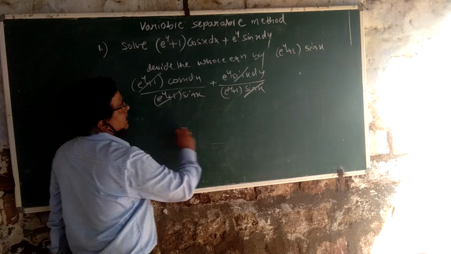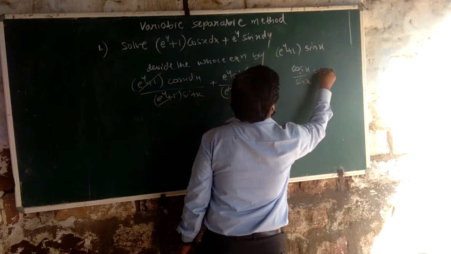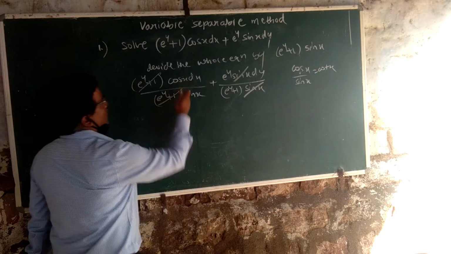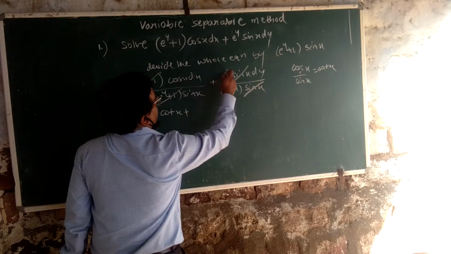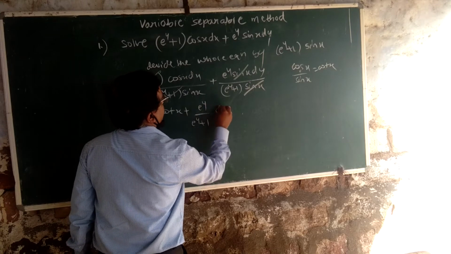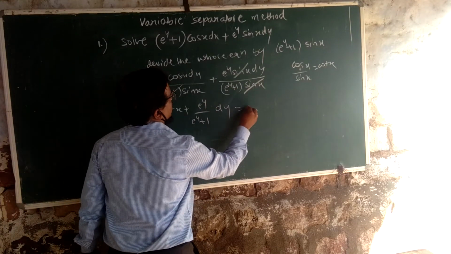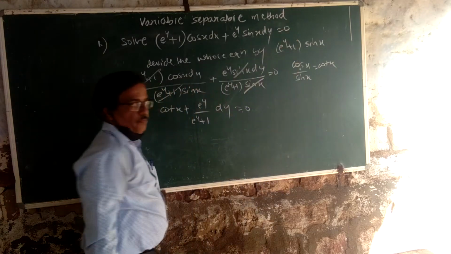Cos x by sin x, already we know, is cot x. So this becomes cot x dx plus e raised to y divided by e raised to y plus 1 dy is equal to 0.